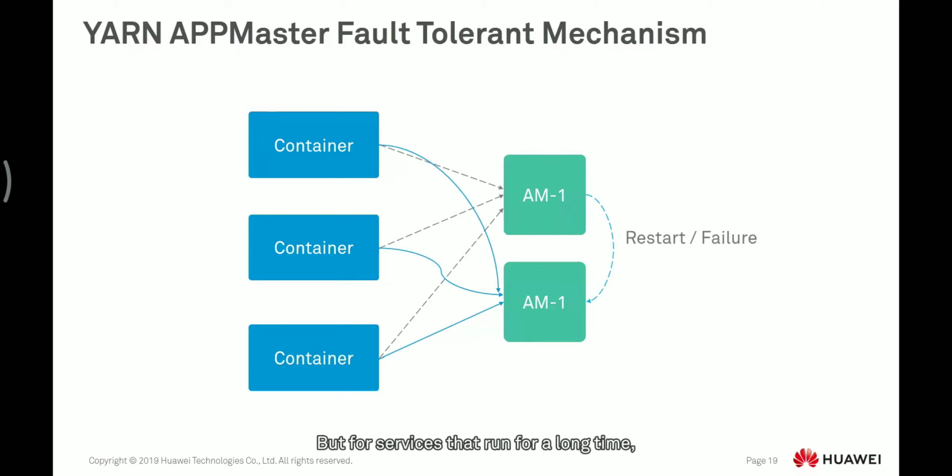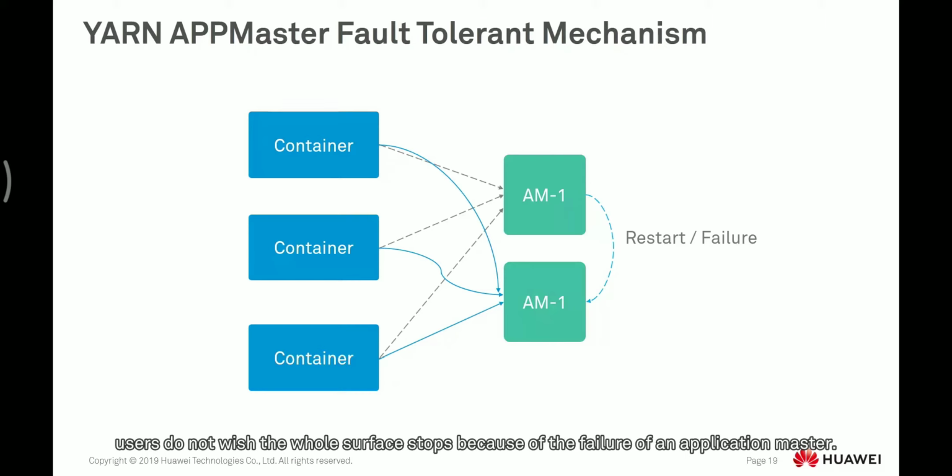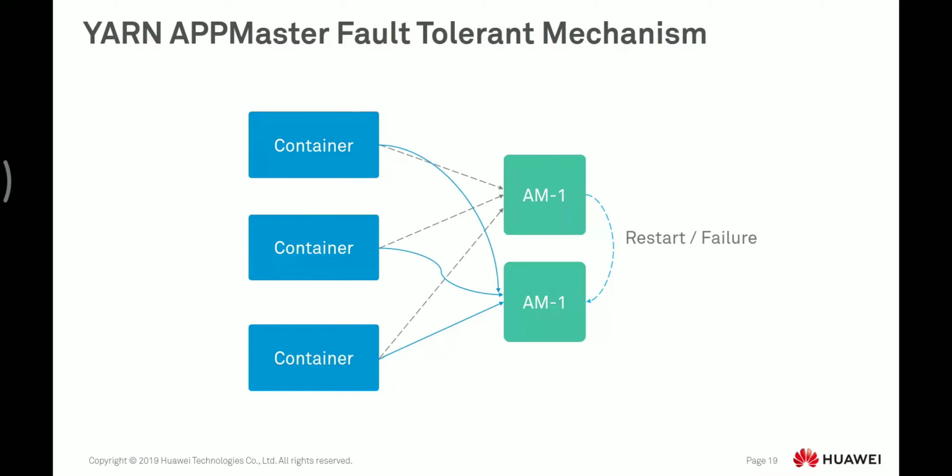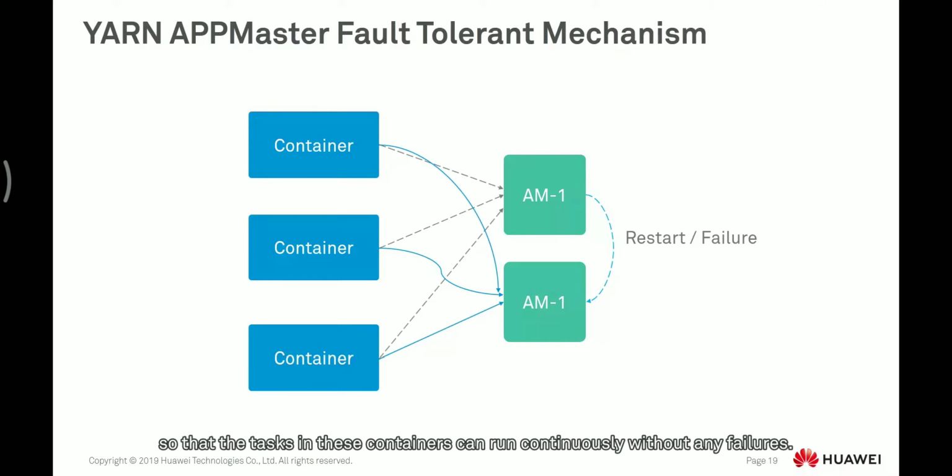But for services that run for a long time, users do not wish the whole service to stop because of the failure of an application master. Therefore, Yarn supports the feature of preserving the container status when starting a new application master, so that the tasks in these containers can run continuously without any failure.